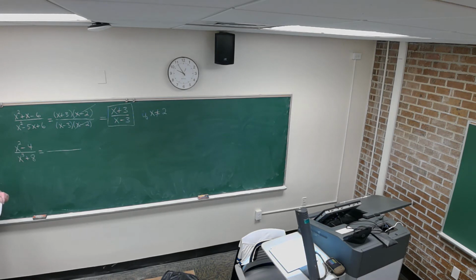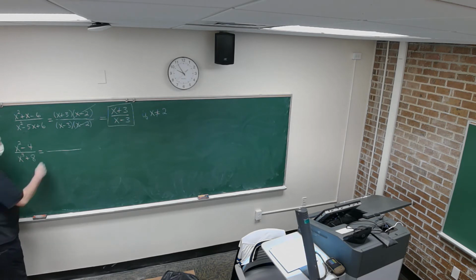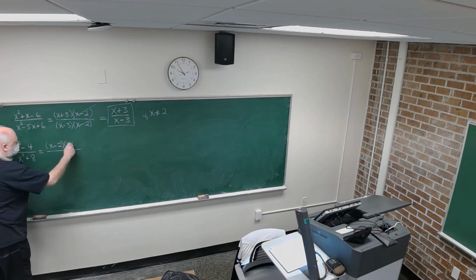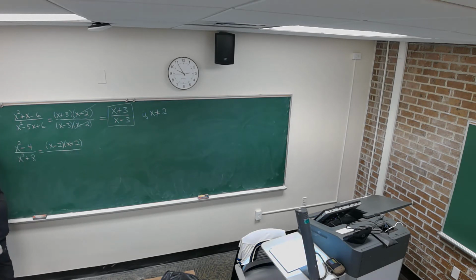It's the first formula. But this is just a quadratic, and it factors into x minus 2 times x plus 2. When you FOIL over here, you don't get a term involving just x, the middle terms.